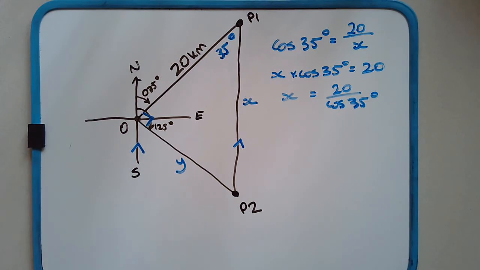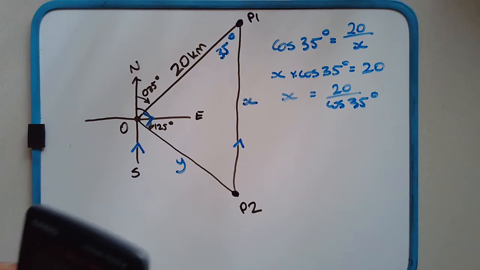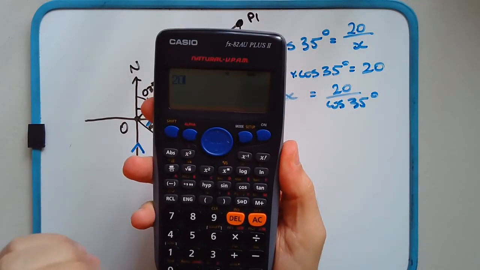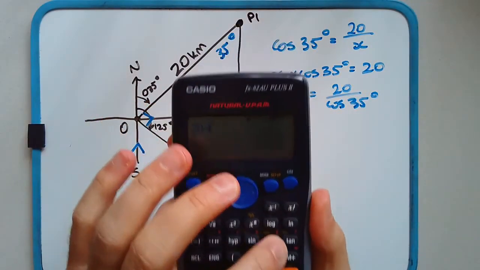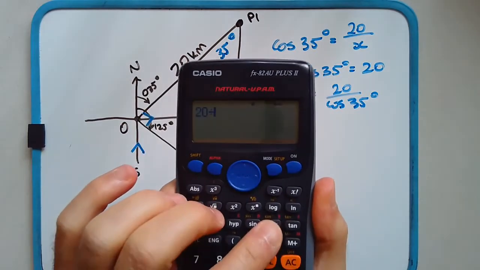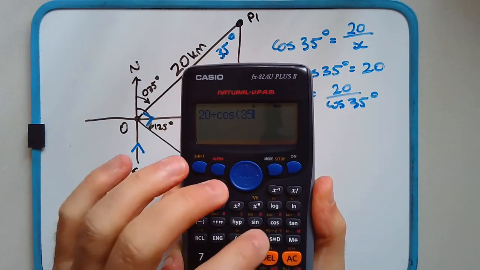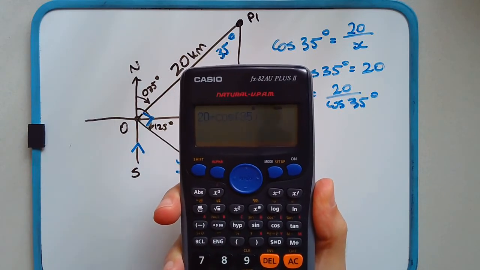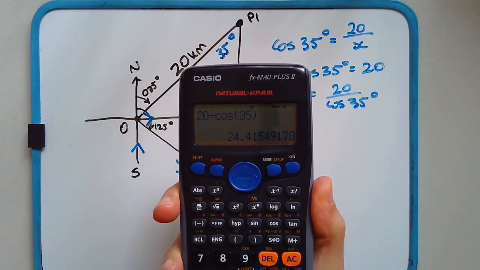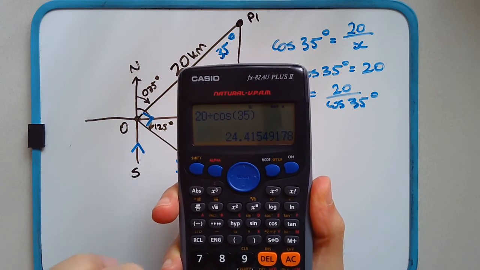And working that out now to the nearest meter. So that's in kilometers, remember? So 20 divided by cos 35 degrees. Make sure your calculator's in degrees, of course. We get 24.415 kilometers.